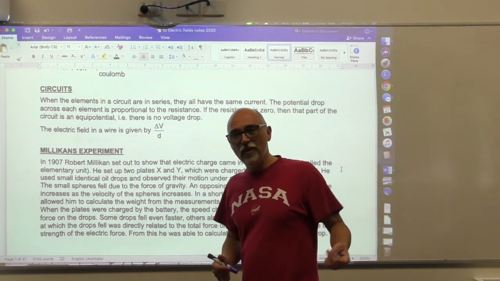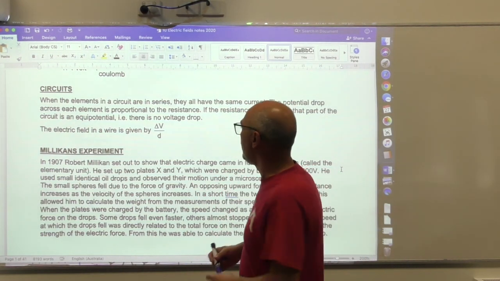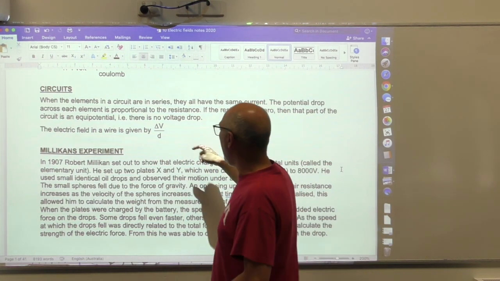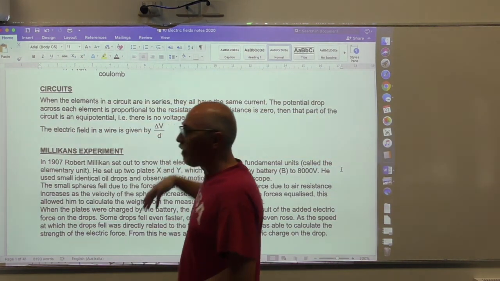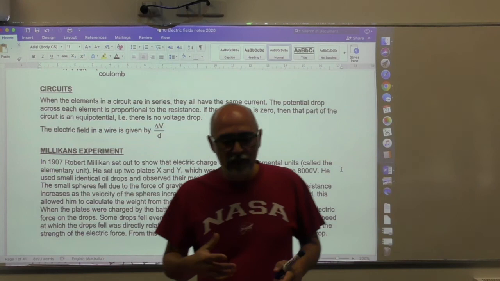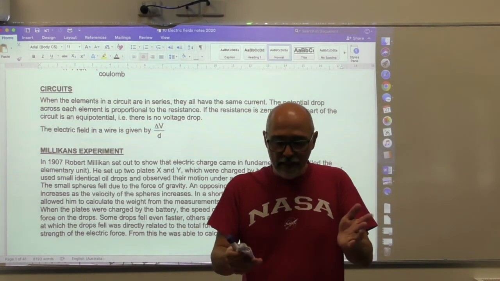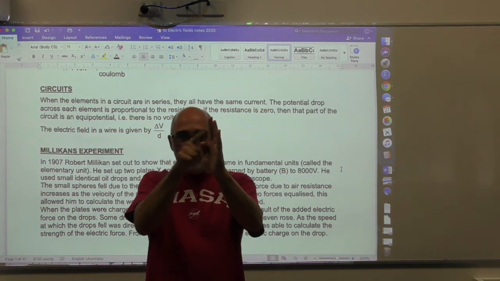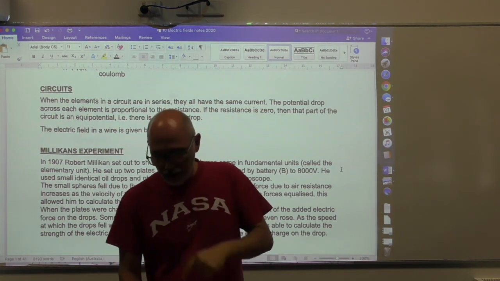Well, you can treat the wire as though it's parallel plates. You know the voltage that is dropped across that section of wire, and the distance away from that wire that you are. It gives you the same value. When you look at these charged electric plates, they have that field going through the middle, as shown in the diagram.